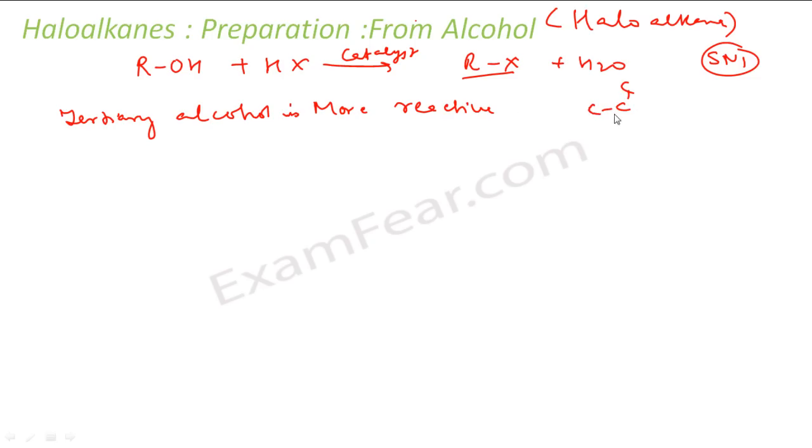If you see, this kind of carbocation is formed, and this is a more stable carbocation, tertiary carbocation. So this is more reactive, so that doesn't need catalyst. But for primary and secondary, we need catalyst, that is nothing but ZnCl2. In this case what happens is this OH group will be replaced by this X. The alcohol group is replaced by halogen.